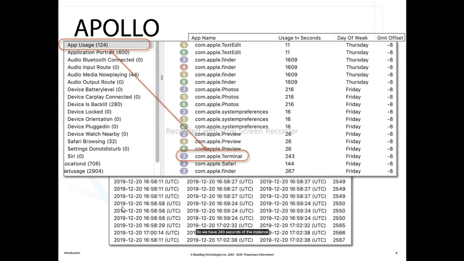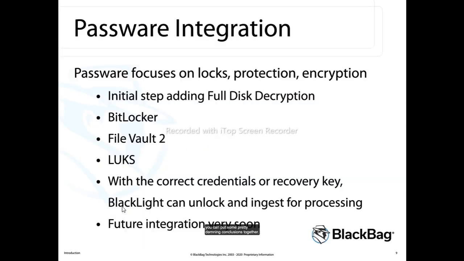So we have 243 seconds of this instance that Terminal was being used, and the day of the week and the GMT offset at that time. Taking this information and other collective information from your case, you can put some pretty damning conclusions together.